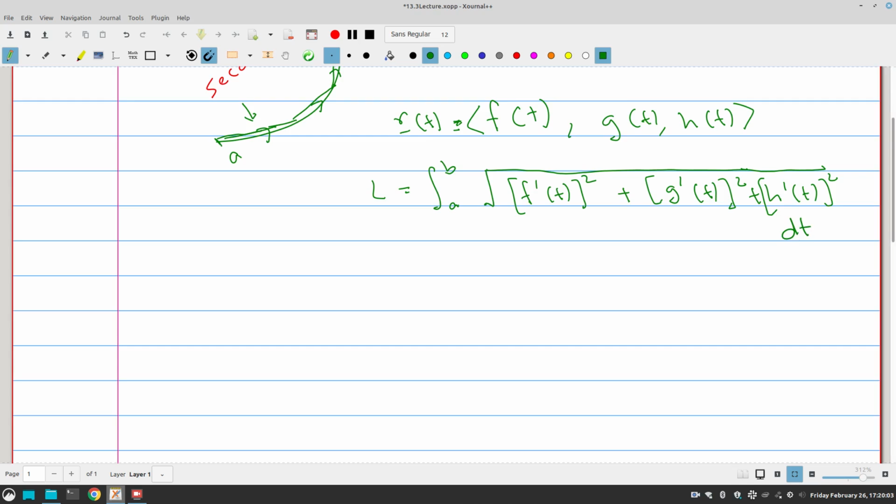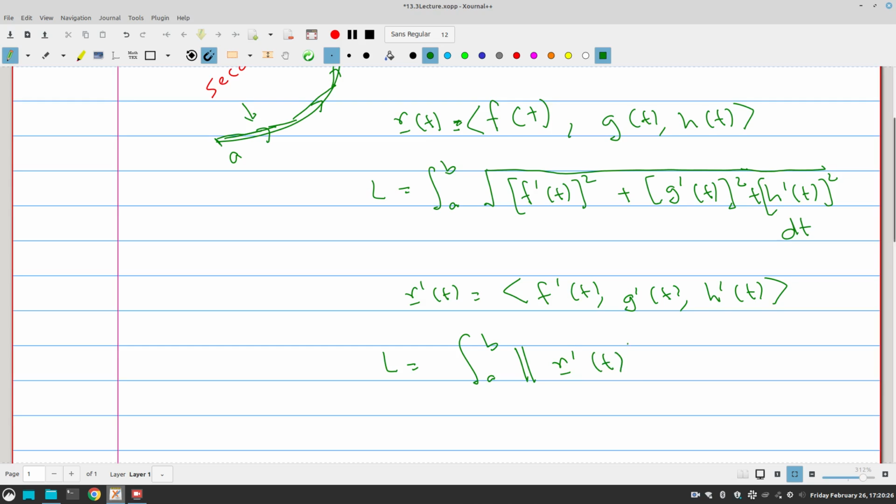The integrand is equal to the modulus of r prime(t), because r prime(t) is basically <f prime(t), g prime(t), h prime(t)>. So L is equal to the integral of the modulus of r prime(t) dt.